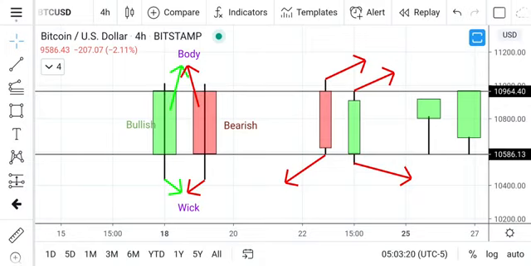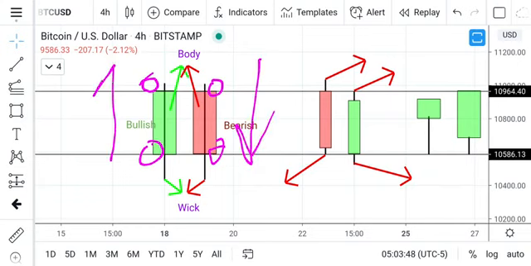For a bullish candle, the body is green, you have the wick which shows you price rejection, and the price opens from the bottom and closes at the top, because buyers are pushing price up. For a bearish candle, the price opens at the top and closes at the bottom, because sellers are pushing price down.